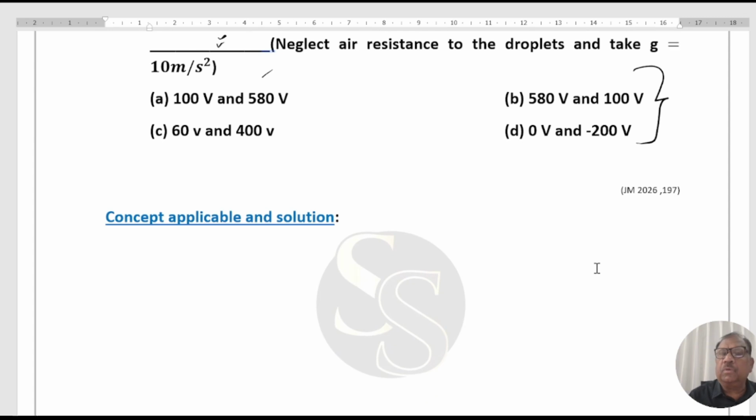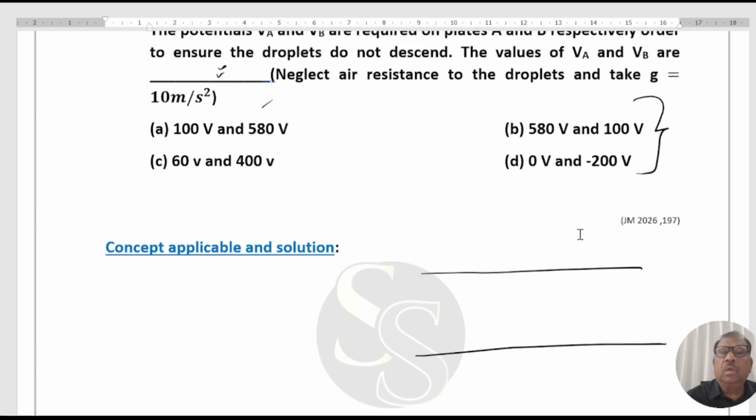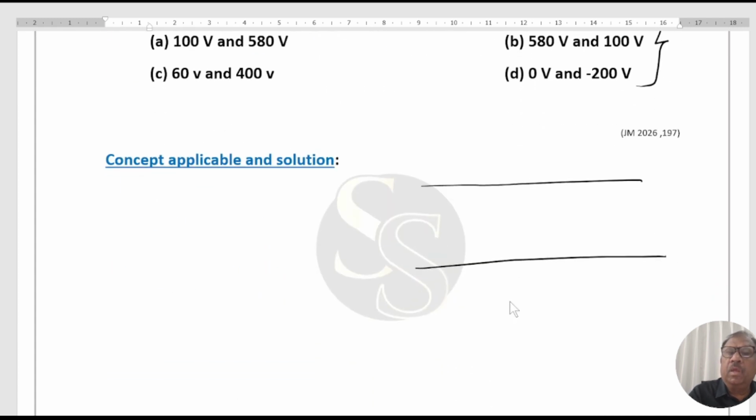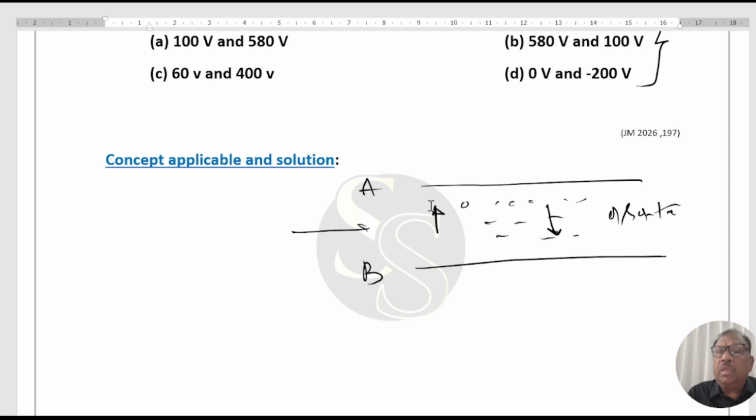Concept applicable and solution. A is on the top. This is plate A, this is the atomic jet, these are the droplets. Droplets don't descend, that is, the weight should be balanced by the force due to the electric field.